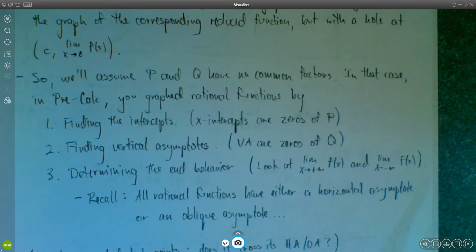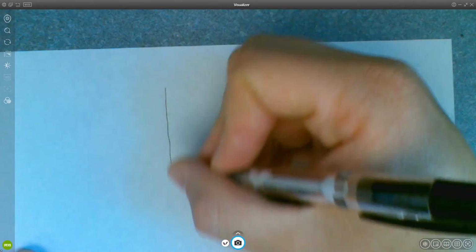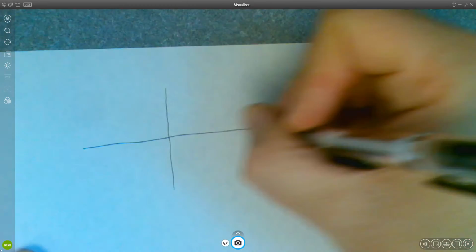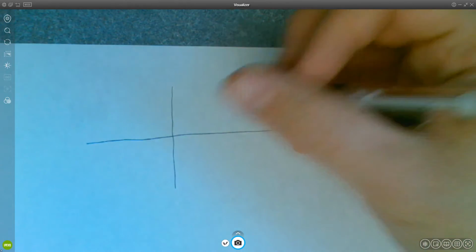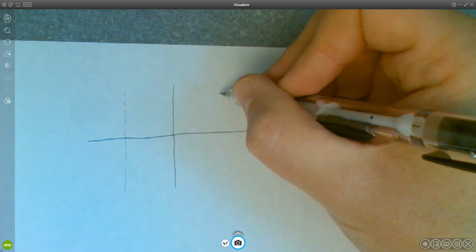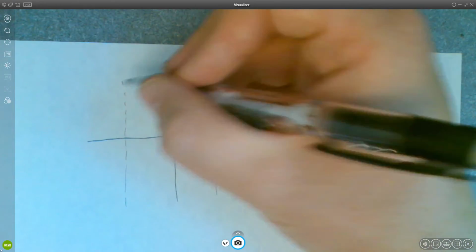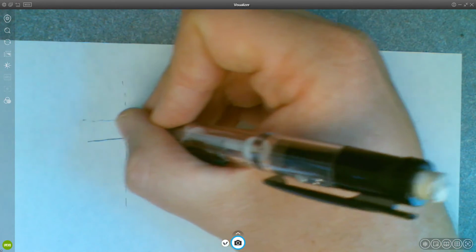Now, in addition to all that, doing all of that usually gives you some framework for being able to graph your function. Let me draw you a picture of what I'm describing. Let's say that you've gone along and found your vertical asymptotes. Maybe you have a vertical asymptote here, and another vertical asymptote there, and you've determined from the end behavior of the function that you've also got this horizontal asymptote here.